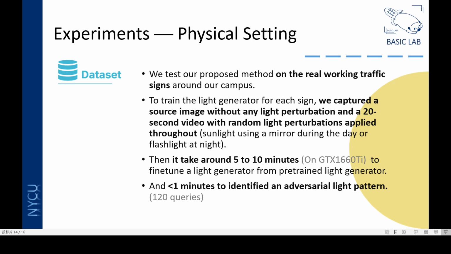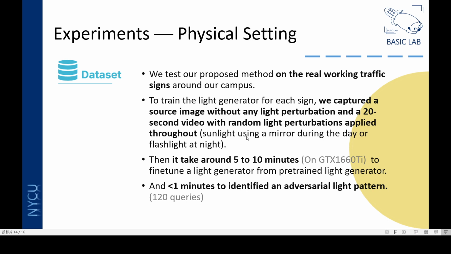It is the last part and the most important part, physical evaluation, because we propose a physical adversarial attack method. So we test our proposed method on real working traffic signs around our campus. For each attack, we train a light generator for each sign. We capture a source image without any light manipulation, which is X in the previous slide, and a 20-second video with random light manipulation applied throughout.